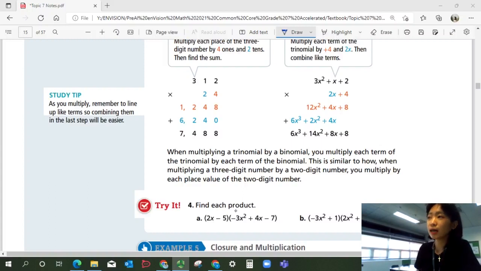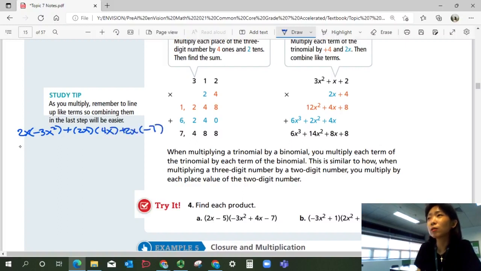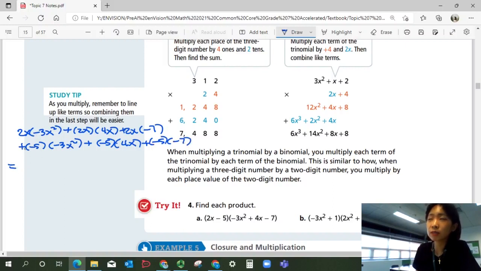So let's distribute this out. 2x times negative 3x squared plus 2x times 4x plus 2x times negative 7 plus negative 5 times negative 3x plus negative 5 times 4x plus negative 5 times negative 7. Okay, now we have 1, 2, 3, 4, 5, 6 terms. And we're going to simplify, combine like terms, and then write it in standard form.